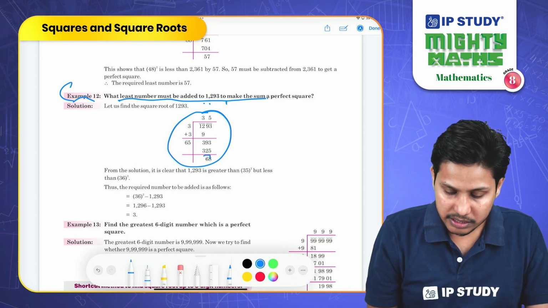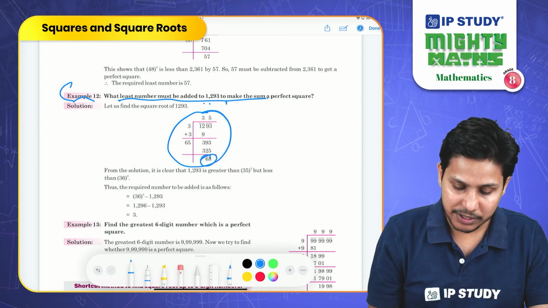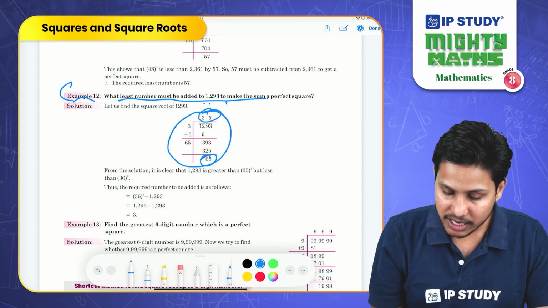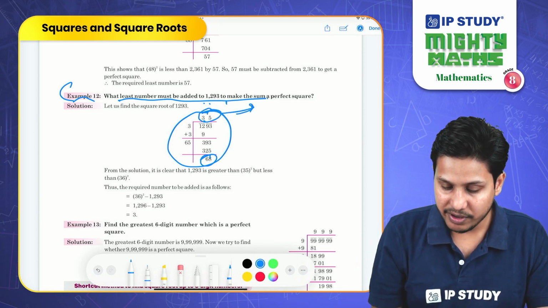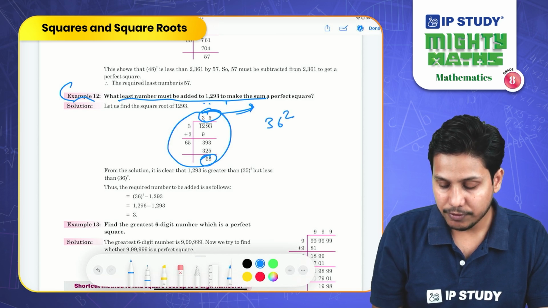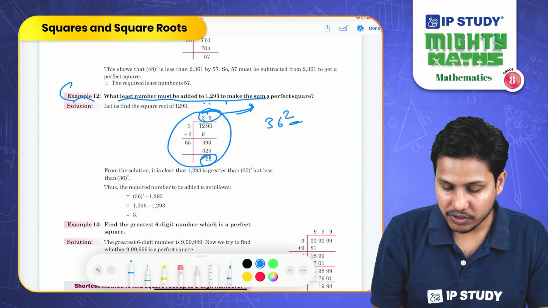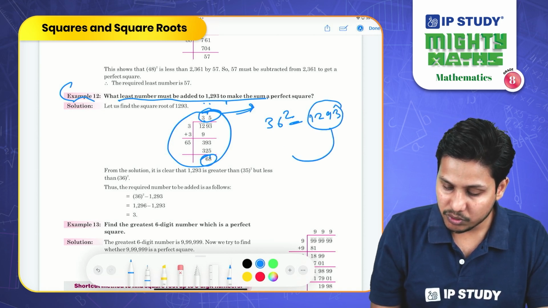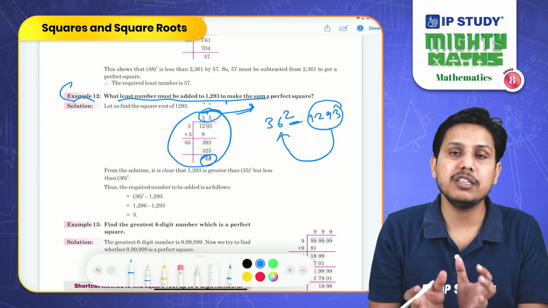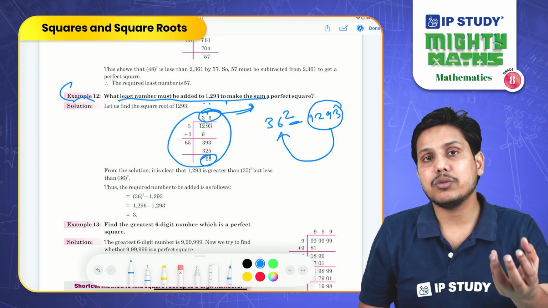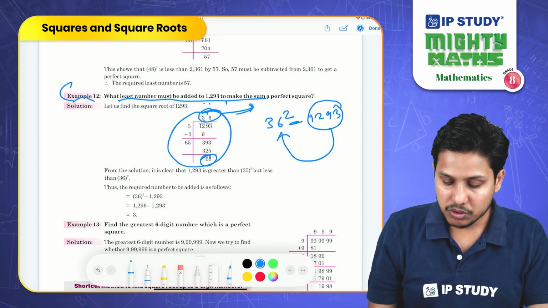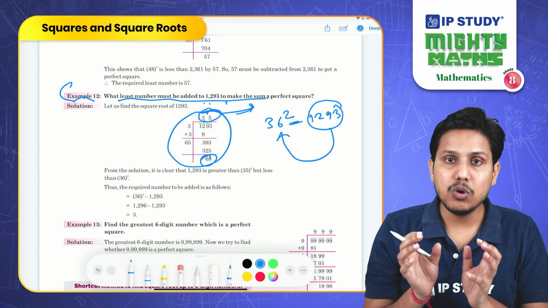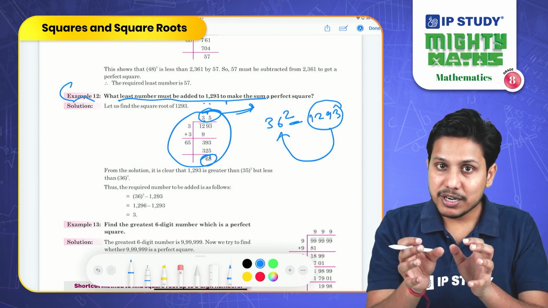But as we'll see a remainder over here, in the case of addition, if we have to add something, then we find the next square of this number. Like we have 35, then we find the square of 36 and subtract the original number 1293, because the number will be added to this to get this. So we check the difference between the required square number and the number that we have. Now if we have to subtract from the original number, then we have to get the nearest but smaller perfect square.